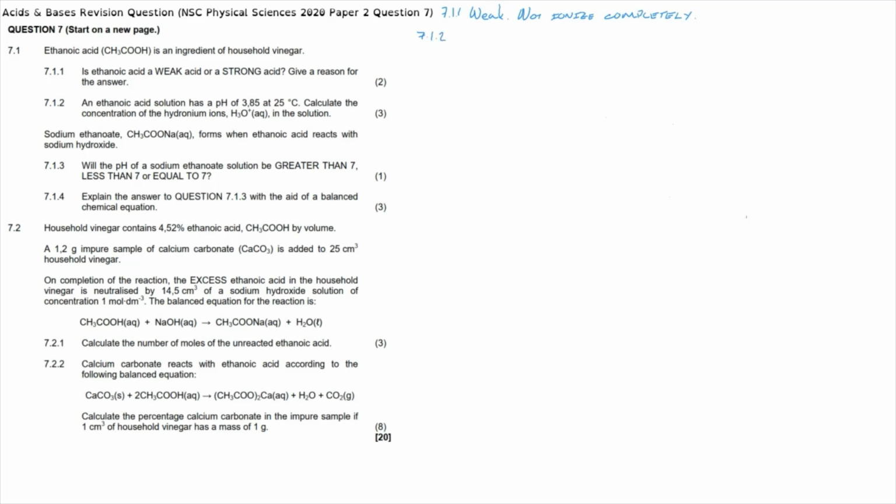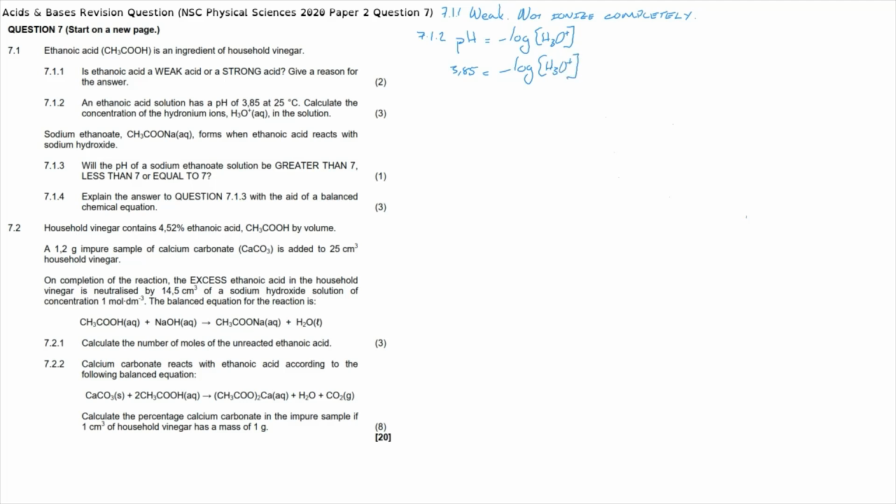An ethanoic acid solution has a pH of 3.85 at 25 degrees Celsius. Calculate the concentration of the hydronium ions, H3O+, in the solution. And we use our formula that is given in the data sheet for pH, which says pH is the negative log of the hydronium ion concentration, where the pH is given as 3.85, and that is once again negative log of the concentration that we are looking for.